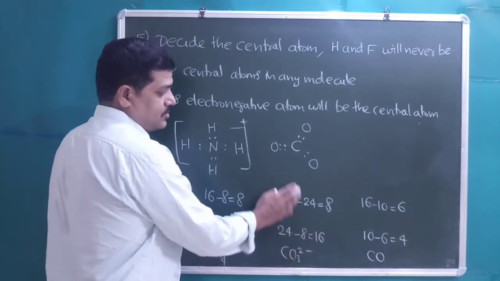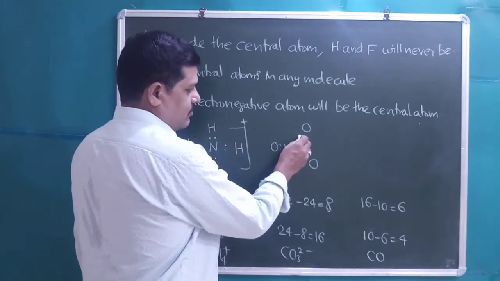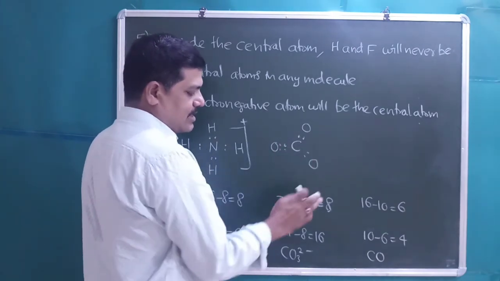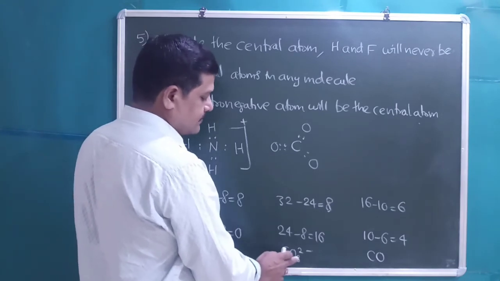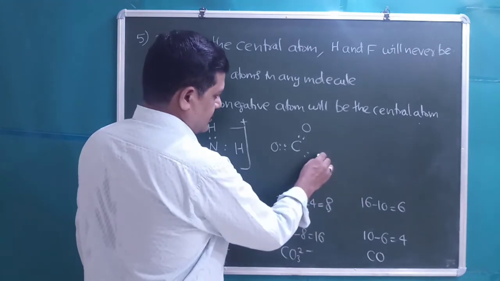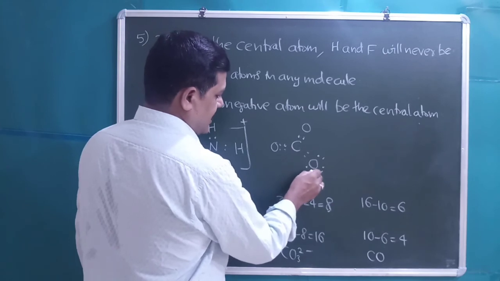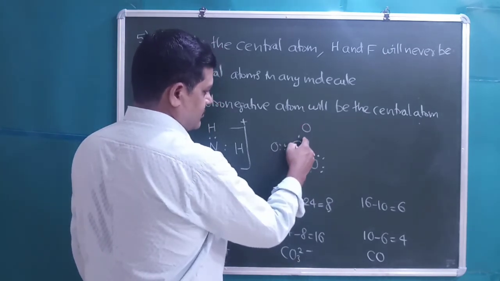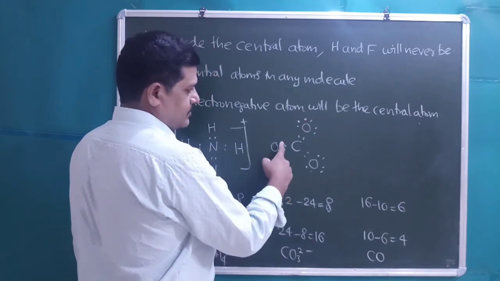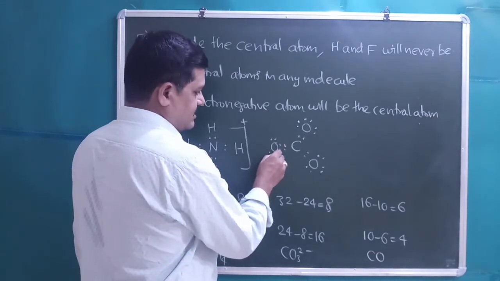So you distribute these electrons such that the octet of each atom is completed. For carbon, 1, 2, 3, 4, 5, 6, 7, 8, the octet is completed, so it does not contain any unshared electrons, right? And for the oxygens, you distribute the 16 electrons, 8 for each oxygen to complete its octet.